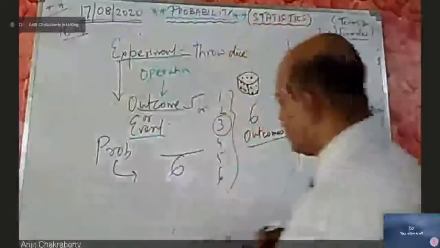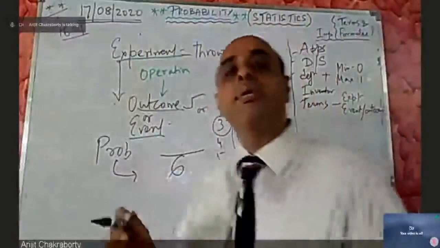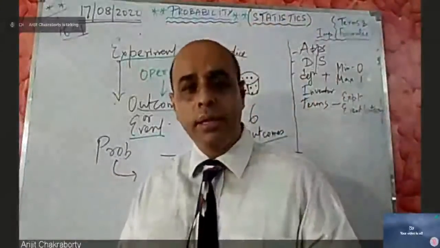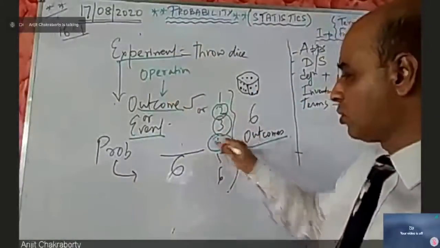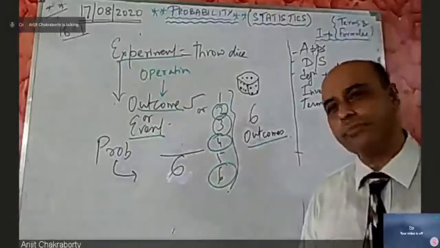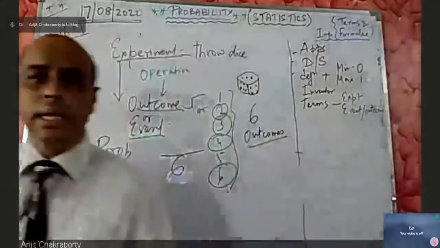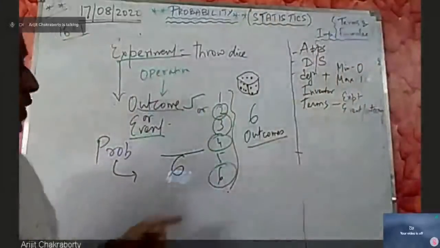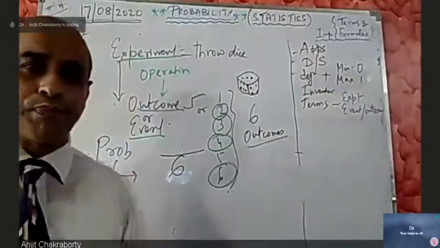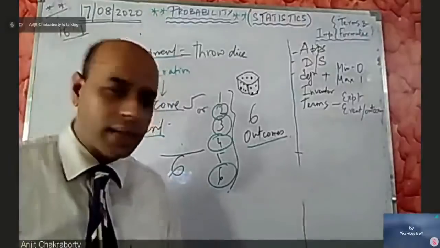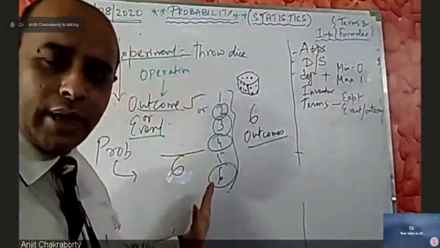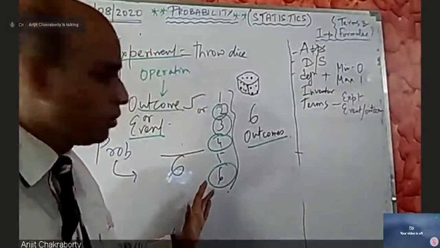The favorable number for us is either 2 or 4 or 6, because the number which comes up should be a multiple of 2. I hope you are following, dear friends. You are understanding the way I'm trying to explain, and I'm sure it's clear to all of you.